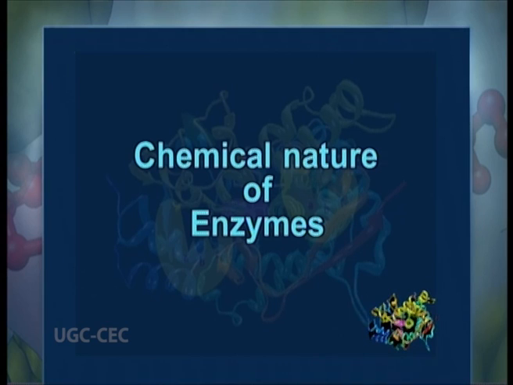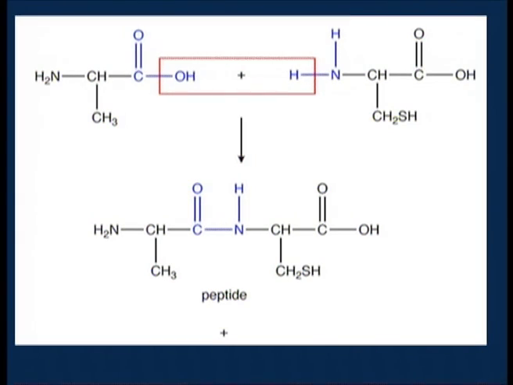Let's explore the chemical nature of enzymes. All known enzymes are proteins. They are high molecular weight compounds made up of chains of amino acids linked together by peptide bonds. Enzymes are proteins made up of amino acids.